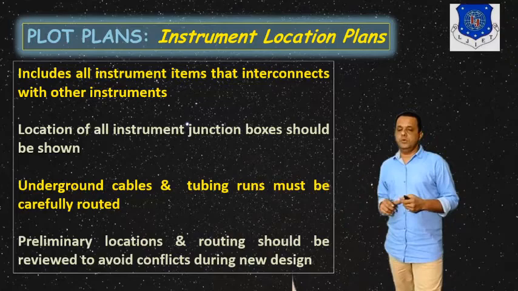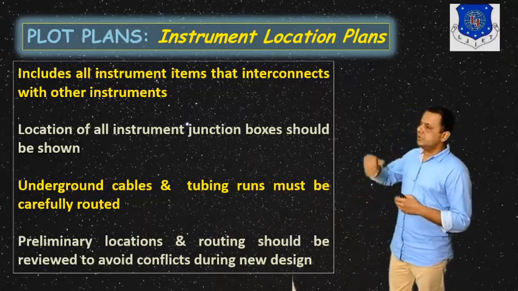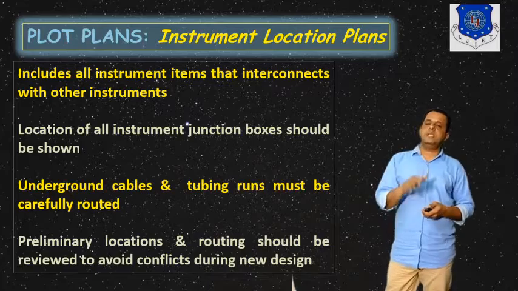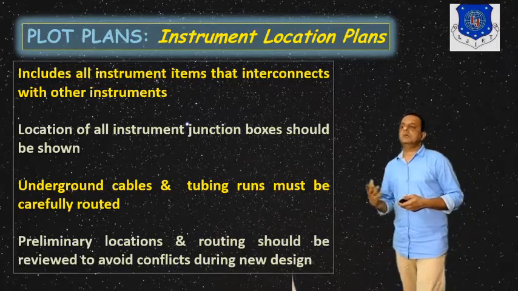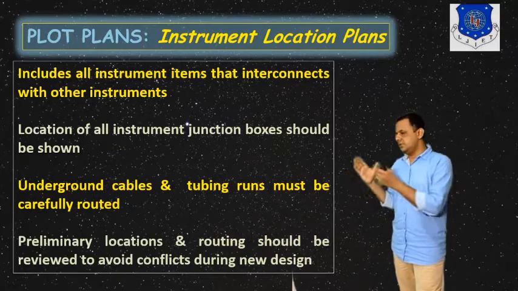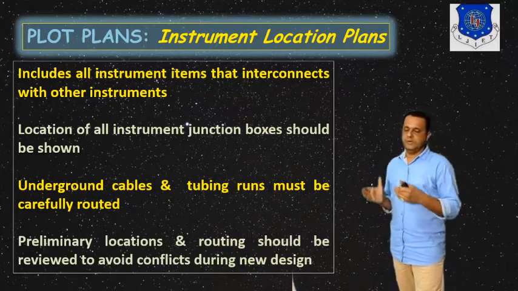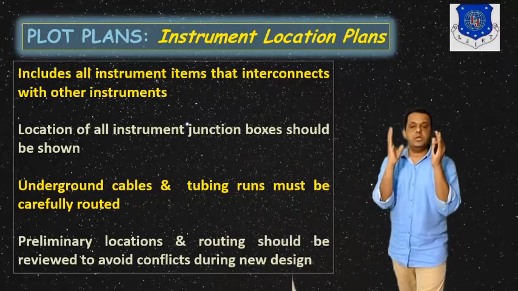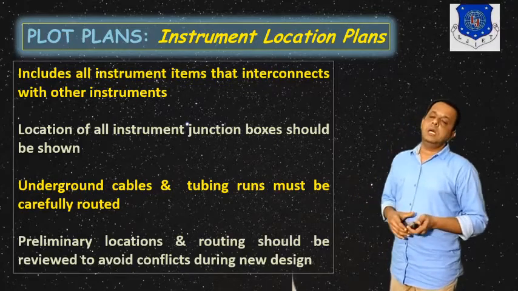That will always be reviewed to avoid future expansion or future change in the design. This is very important. It's like a plan of a house where we say where the drawing room, the bedroom and the kitchen will be, and how much area it will cover. Similarly, instrument location plans are used here.